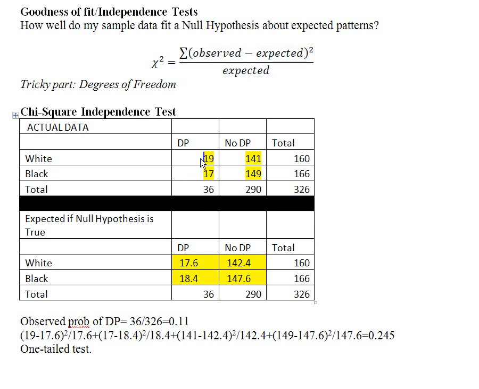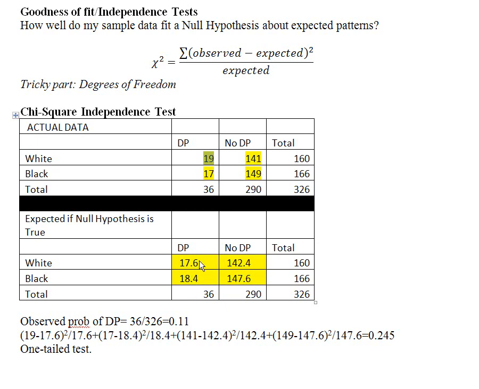What if these observed values were exactly equal to the expected values? This is actually impossible, because our observed values have to be integers and our expected values are not integers. There are formulas people use to correct for that, but we're not going to worry about that right now.